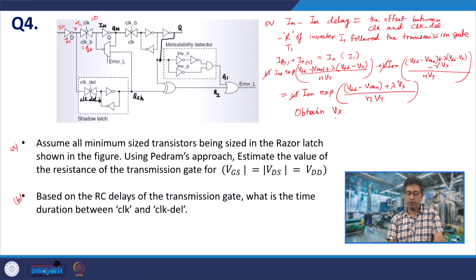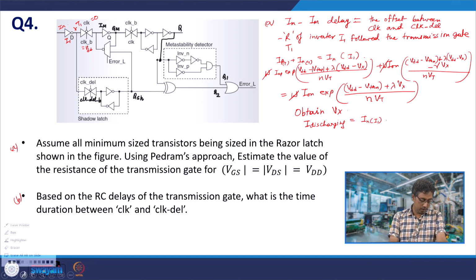Vx. Once we obtain Vx, the discharging current is the current of the N MOSFET of inverter I1, which is the same as this.